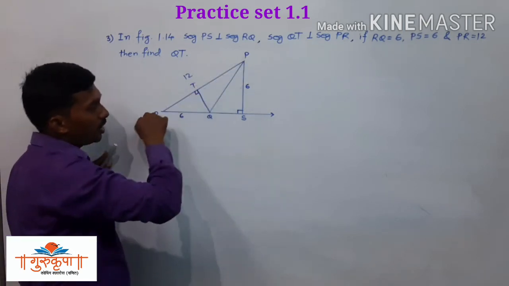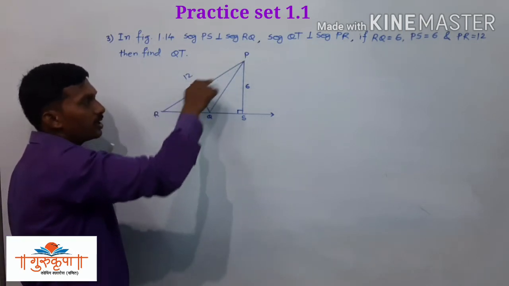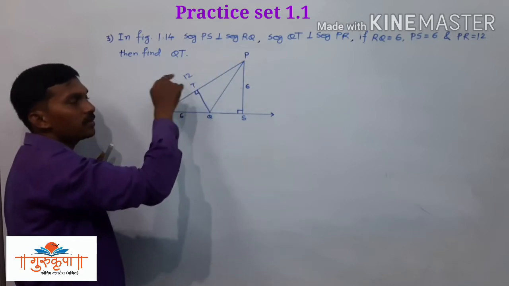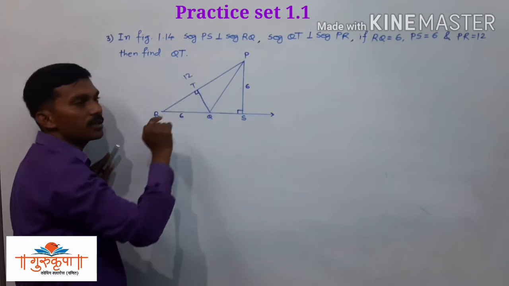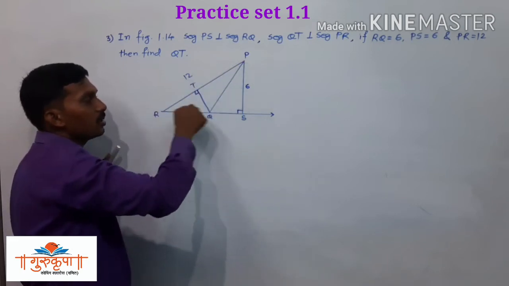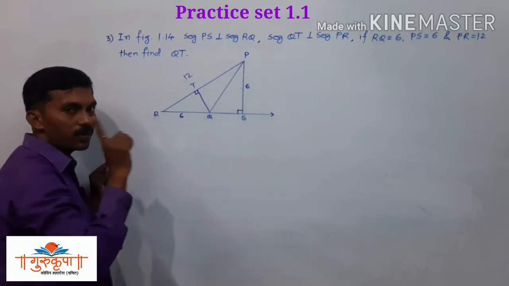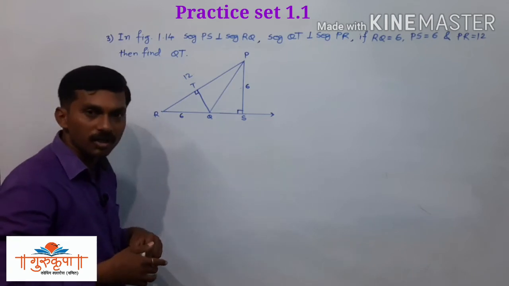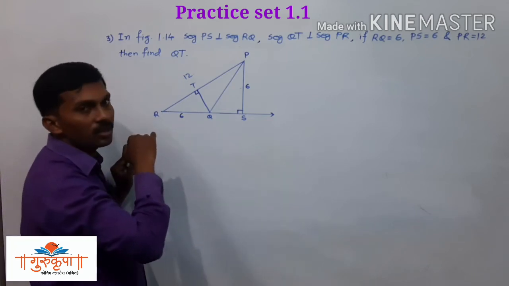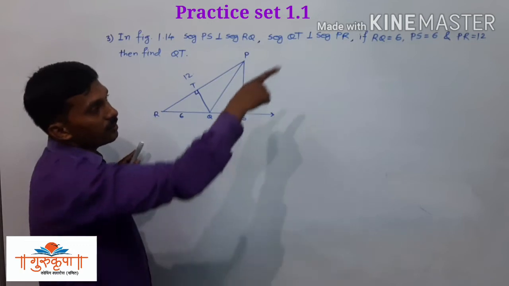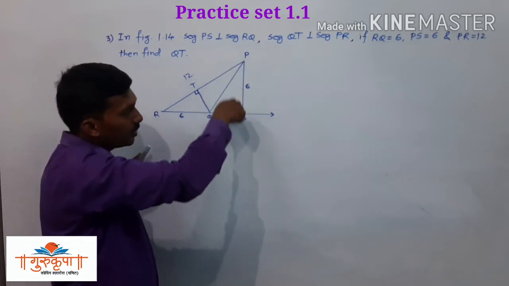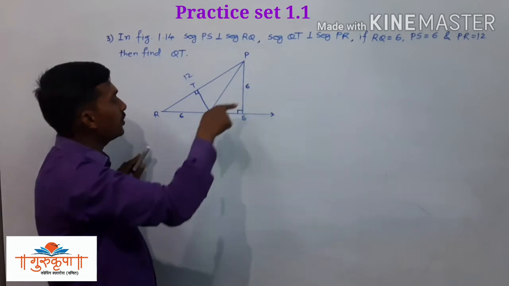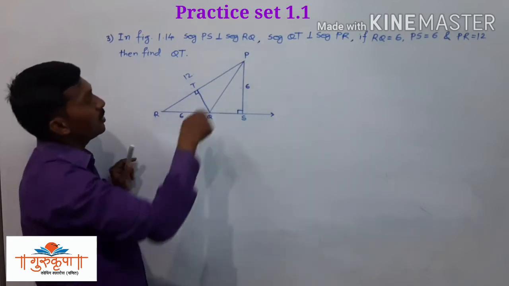Now here we get the 2 sides. See, PR, if we consider that PR is the base which is given, that is 12 units. If PR is the base, then QT is the height. So the triangle is PQR. Means one triangle is triangle PQR and the another triangle, see the given information, we have given PS is equal to 6 and we have given QR is equal to 6.